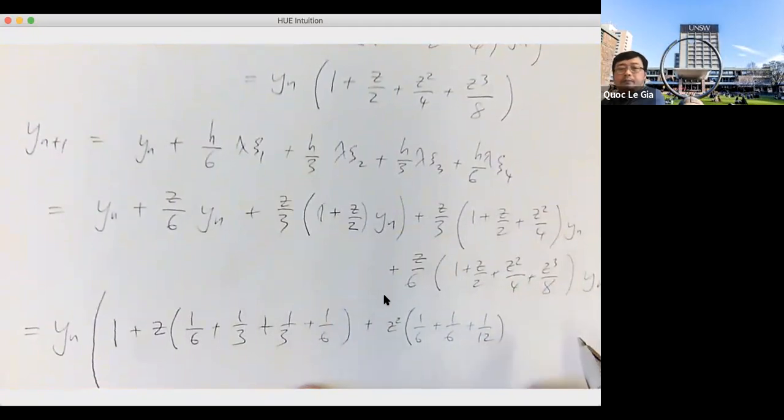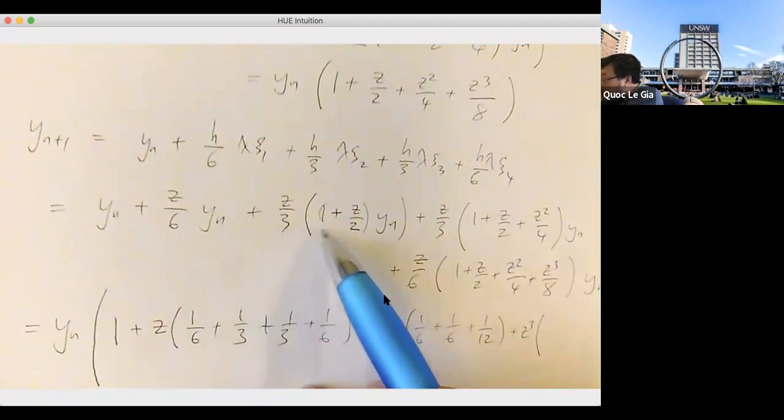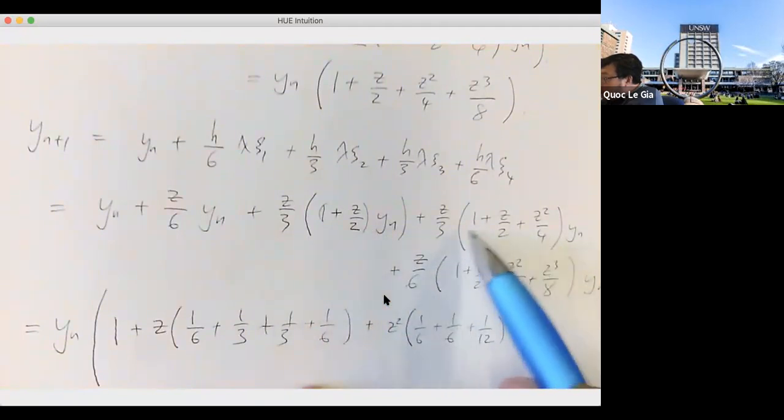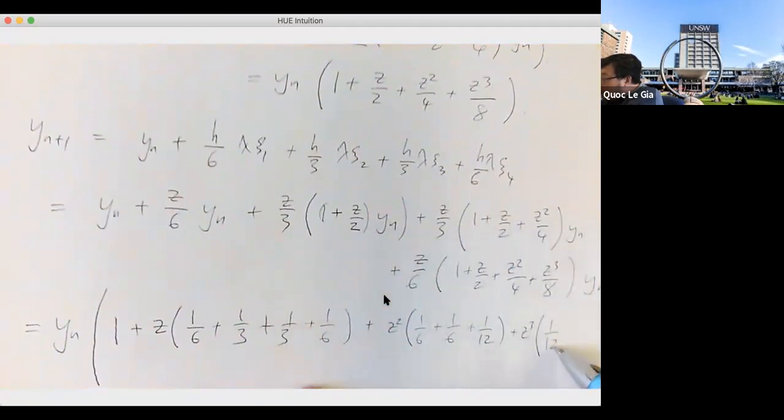Okay. And what gives you z cubed? Well, there's no z cubed here. So just 1 over 12, and this one is 1 over 24. Yeah, that's it.